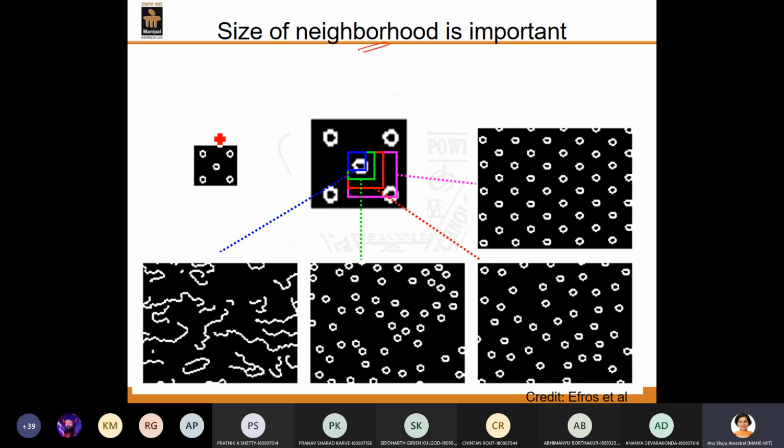Let's say this is the input image which has been given to us. What we see is that there are circular objects present in the image, and they are kind of equidistant from the centered circle, or with respect to each other.